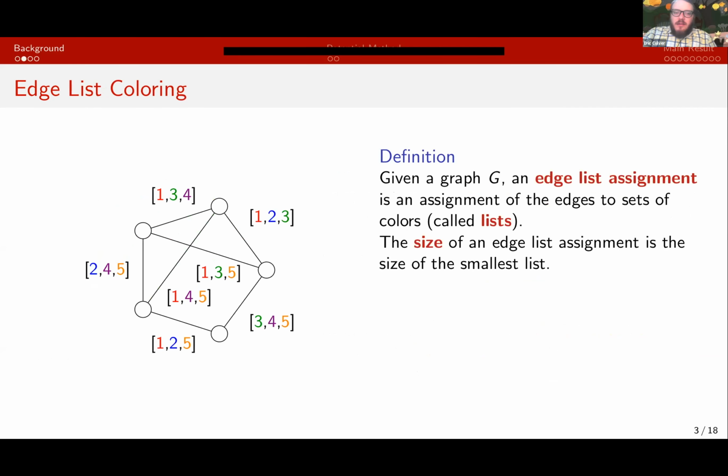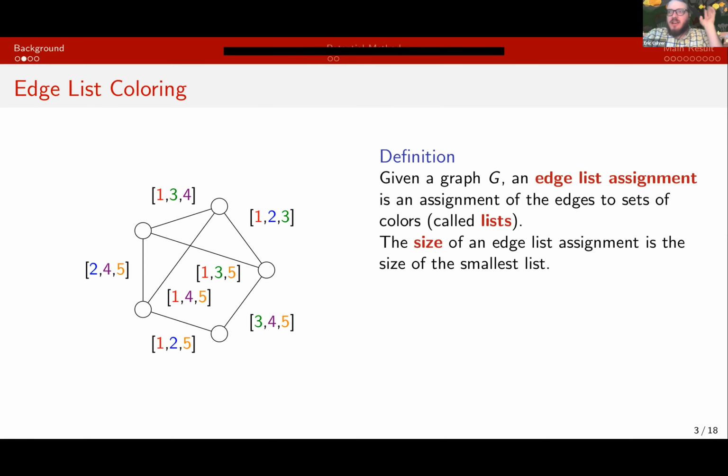The edge list coloring is sort of a generalization of just edge coloring. So an edge list assignment is you assign lists of colors to each of the edges. And what you want is, they're essentially limiting what colors can be given to a particular edge.